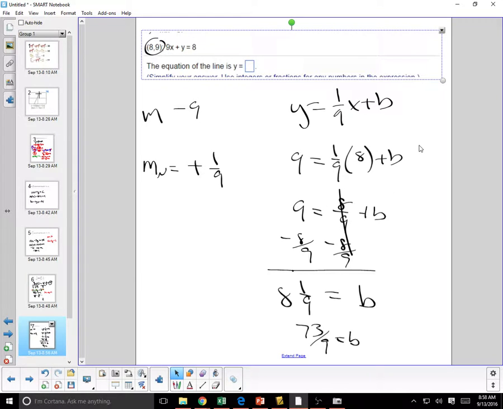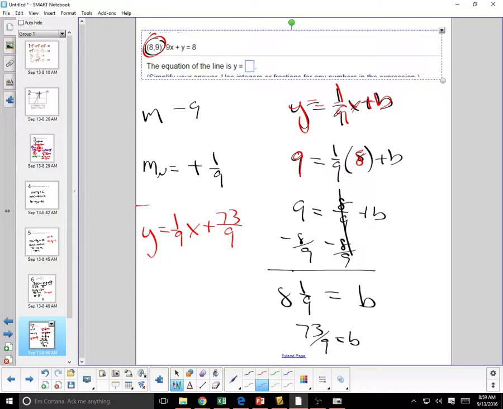I made an equation which was y is 1/9 x plus b, and I plugged in the coordinate that they gave us, 9 for y and 8 for x, and then I solved it for b. So now this b just goes into the position. So y is 1/9 x plus 73/9. That's the perpendicular equation to the one they gave us, and it crosses the point 8, 9.